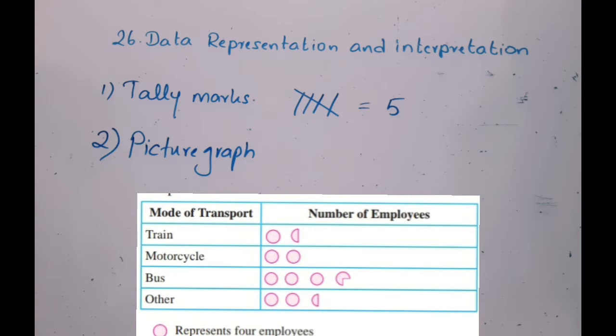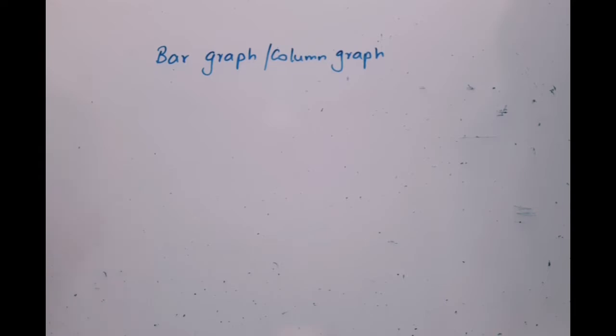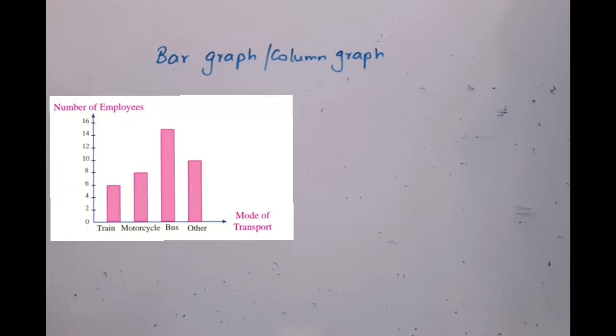Now let's move on to our grade 7 section where we are going to learn about column graphs or bar graphs. Today you will be learning about bar graphs, also known as column graphs. In this example, you can see the number of employees on the vertical axis, and the mode of transport on the horizontal axis.